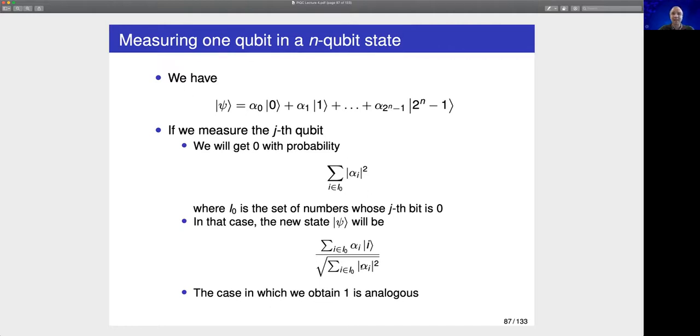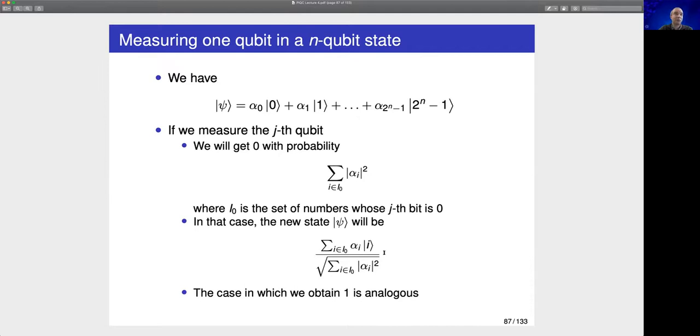Okay, so this is exactly the same that we did with 1 qubit, with 2 qubits, but now it's more general. The formulas may look a little bit more complicated, but it's exactly the same idea. Okay, so far nothing new. We only have the same concepts, but now with n qubits.